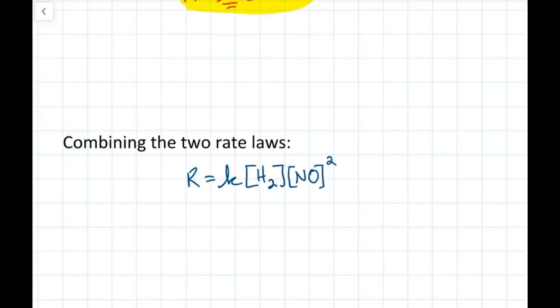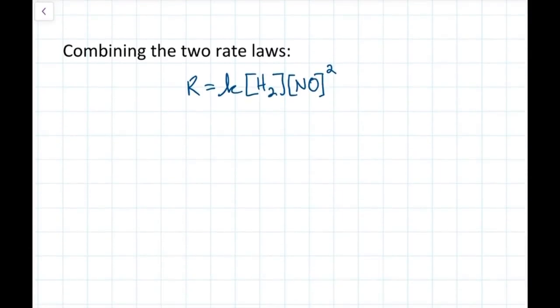Okay, so the last thing I want to just finish up with is a little bit of vocabulary that you'll see sometimes, so I want you to be familiar with it. It's this word order, or reaction order. Basically, sometimes you'll see it written this way. The rate law will be expressed, we'll say the reaction is first order.